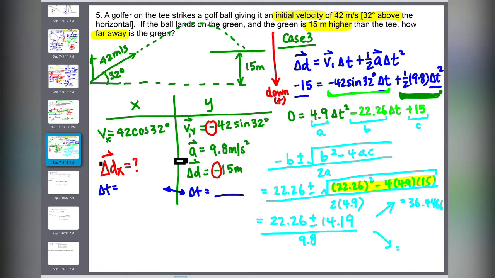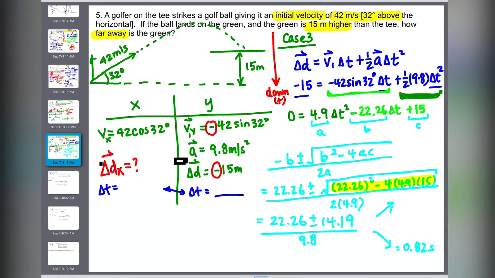Okay, and then I now have the other one. 22.26 minus 14.19 divided by 9.8 is 0.82 seconds. This is time, right? I'm just going to double check, the other one didn't look right. So adding 14.19 divided by 9.8. Sorry, I forgot to divide the top one by 9.8.